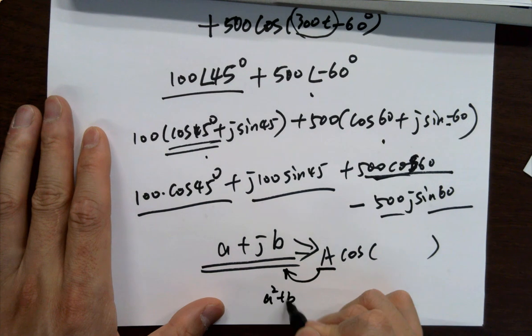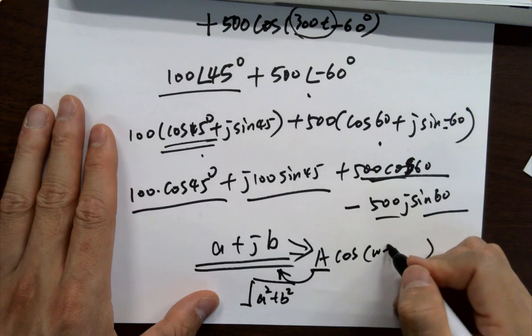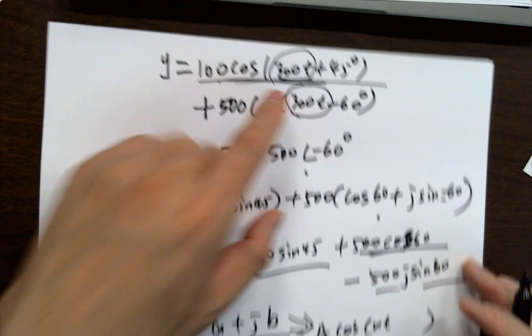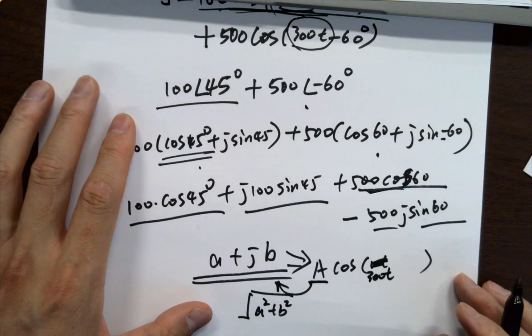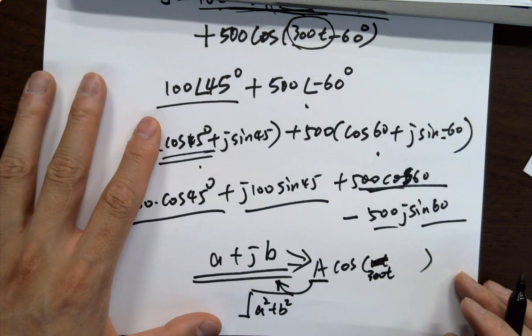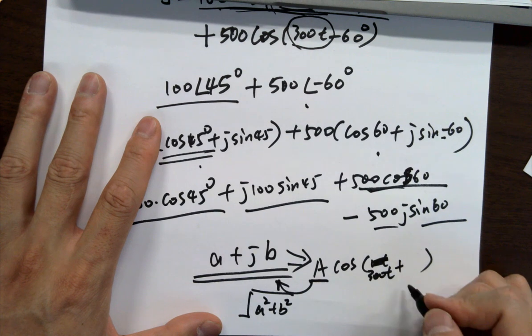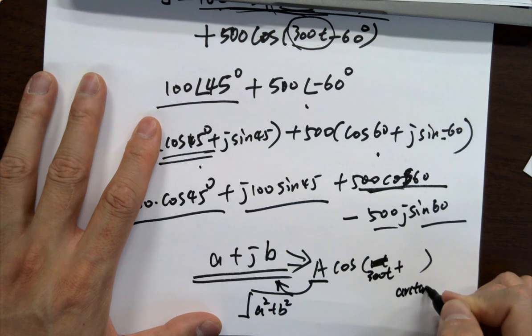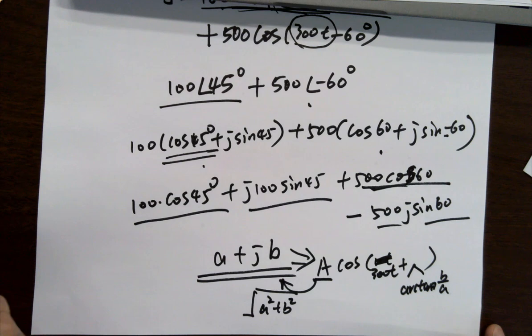A squared plus B squared, square root, that's A. Omega t doesn't change. That's why it's called the static form. Still 300t. Don't worry about that. What's the angle? Plus arctangent of what? B over A. Done.